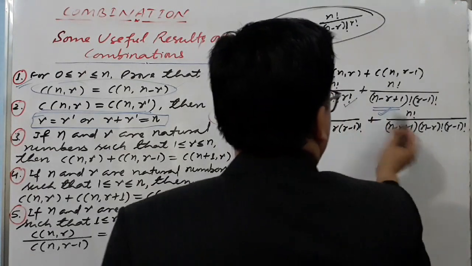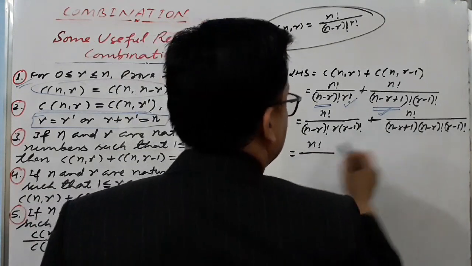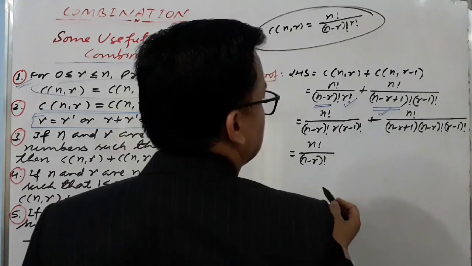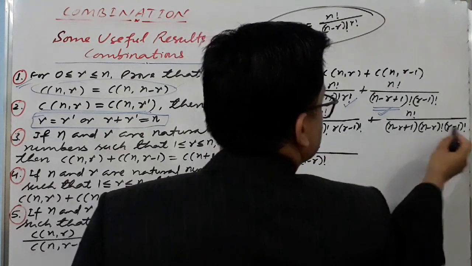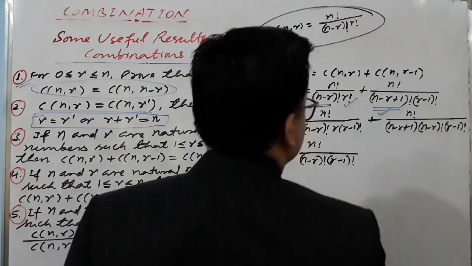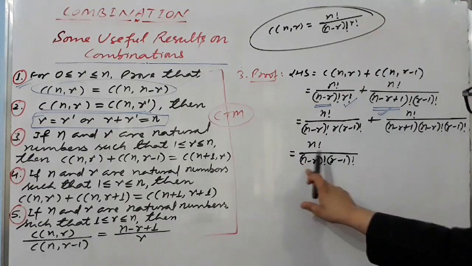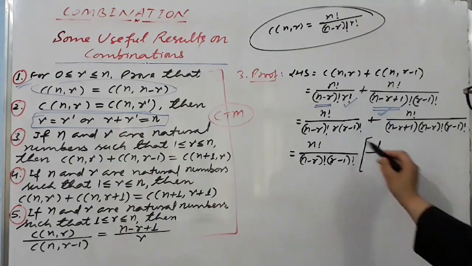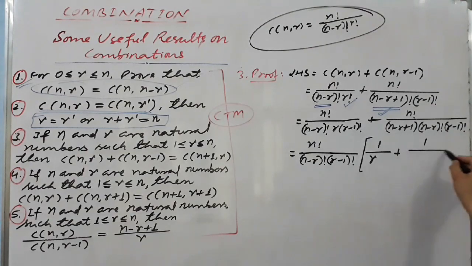Now we can take n factorial common, n minus r factorial common, and one more thing, r minus 1 factorial is also common. Now this is common. Inside the bracket you will get 1 upon r plus 1 upon n minus r plus 1.